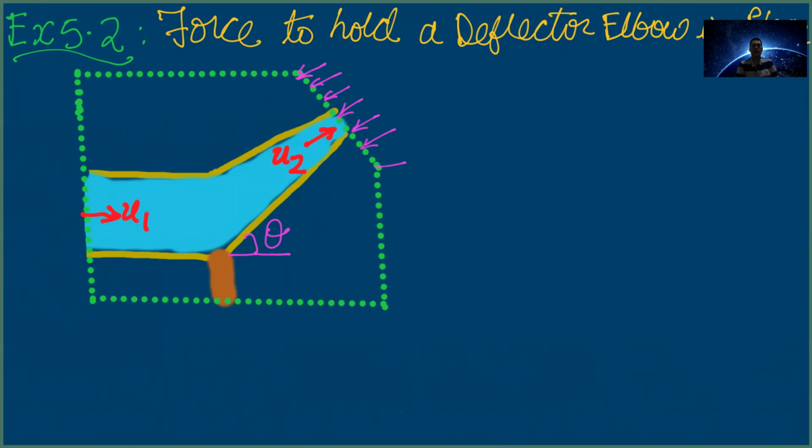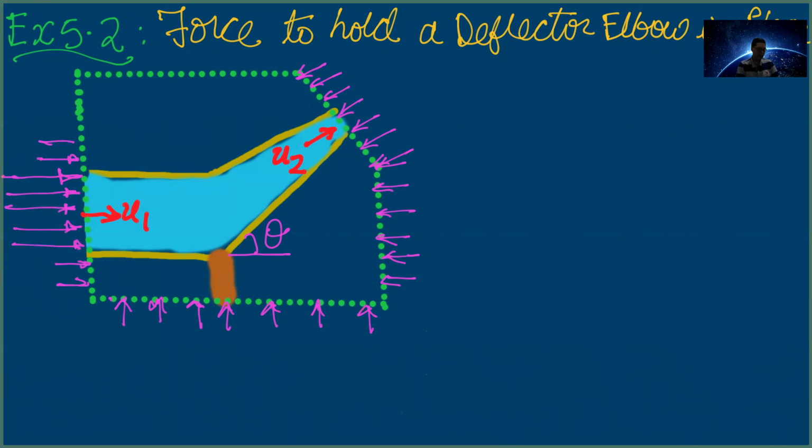If you consider the external forces acting on the surface of the control volume, these are the pressure forces, and all these pressure forces are atmospheric except at the inlet. Note that whenever a fluid comes out into the atmosphere, it is at atmospheric pressure, while here the fluid is going in. It may be coming from a pump, which you may be using to push the water upward.